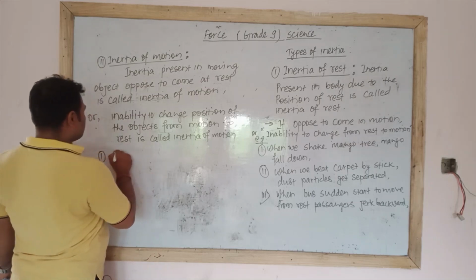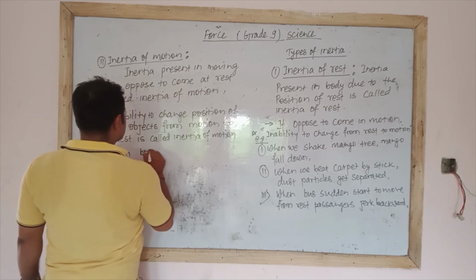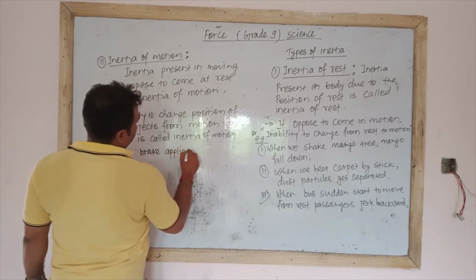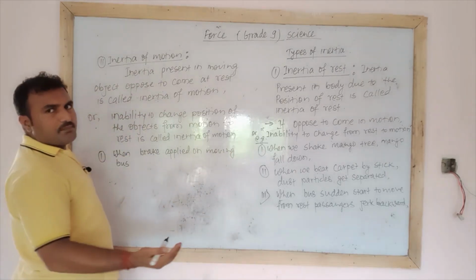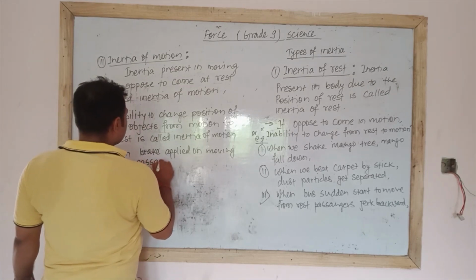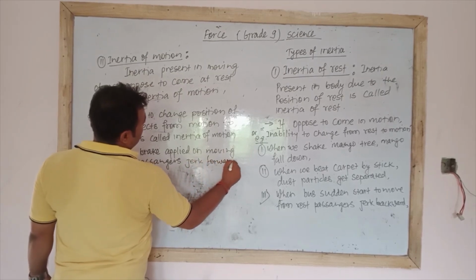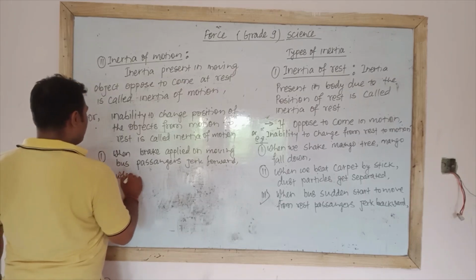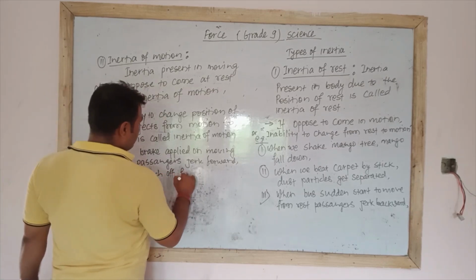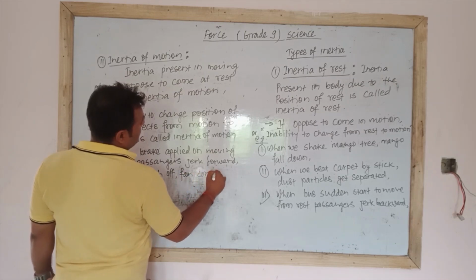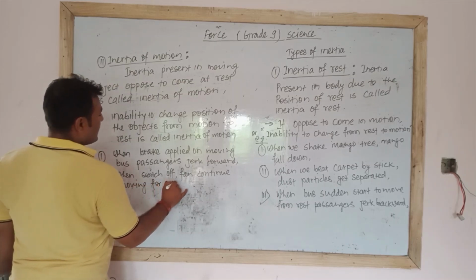As an example, when the brake is suddenly applied on a moving bus, passengers jerk forward. We can also write: when the switch is turned off, a fan continues moving for a while.